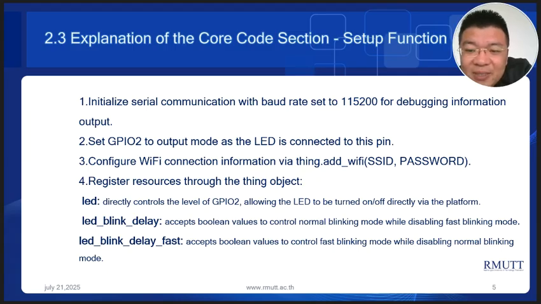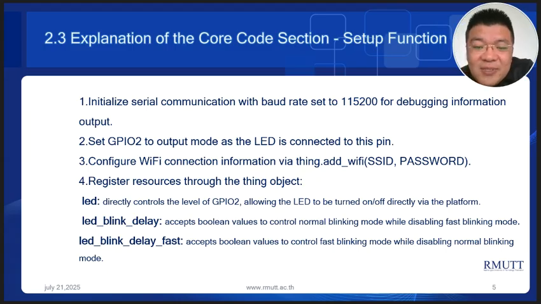LED display controls vary the level of the pin, 1 or 0, to switch on and off. LED blink direction, delay adjust. The normal blinking is the first blinking. LED blink delay is the first fast.